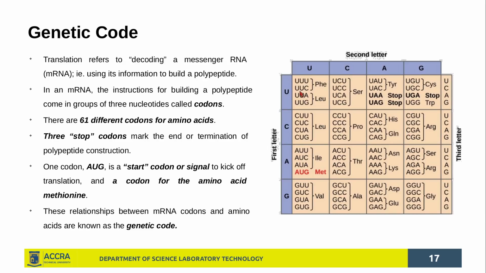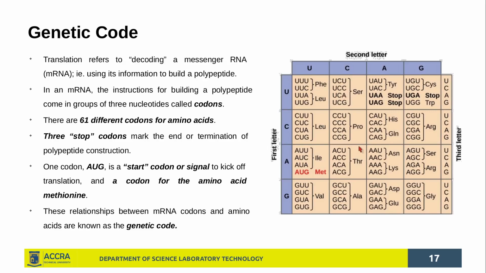So, for instance, the triplets uracil, uracil, uracil, or uracil, uracil, cytosine will correspond to the amino acid phenylalanine. This other one will correspond to leucine, and so on.